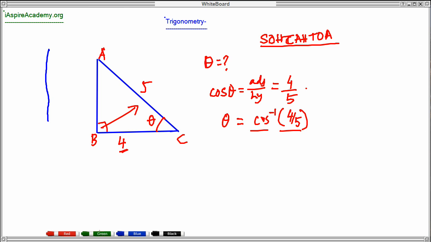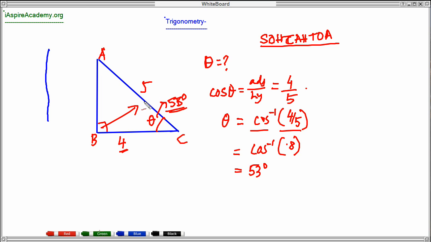In your calculator you will see something called inverse, and if you apply that, since 4 by 5 is 0.8, you get inverse cosine of 0.8, which is 53 degrees. So inverse cosine of 0.8 is equal to 53 degrees. So our theta is 53 degrees. So that's our answer.